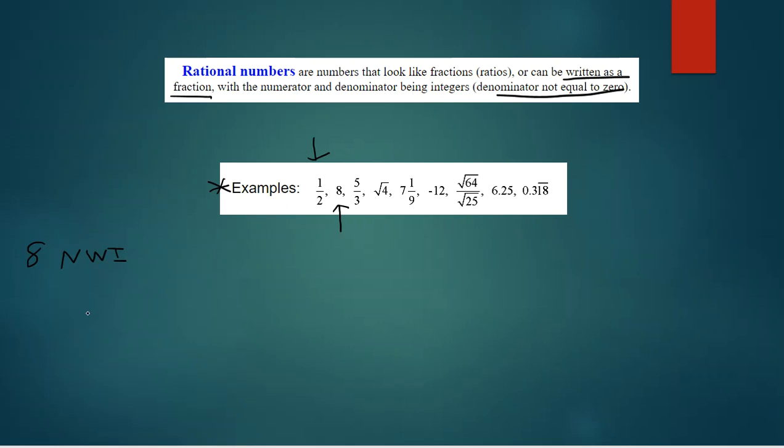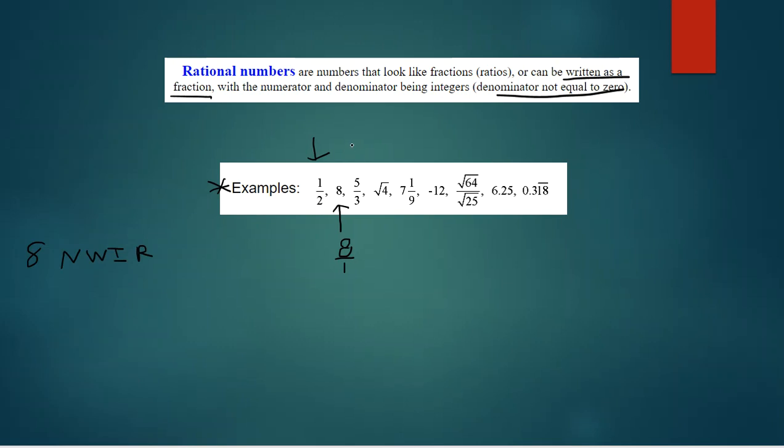And actually, 8 can be written as a fraction. Anytime you have a whole number and you want to write it as a fraction, you just put it over 1. So the way that you write 8 as a fraction is 8 over 1. So 8 is a rational number because it can be written as a fraction. When we're classifying 8, we would also say it's a rational number.